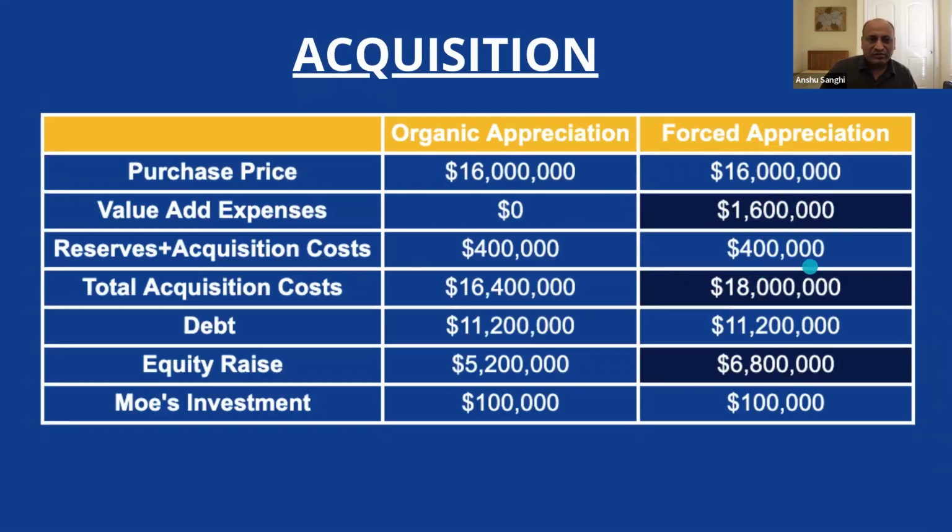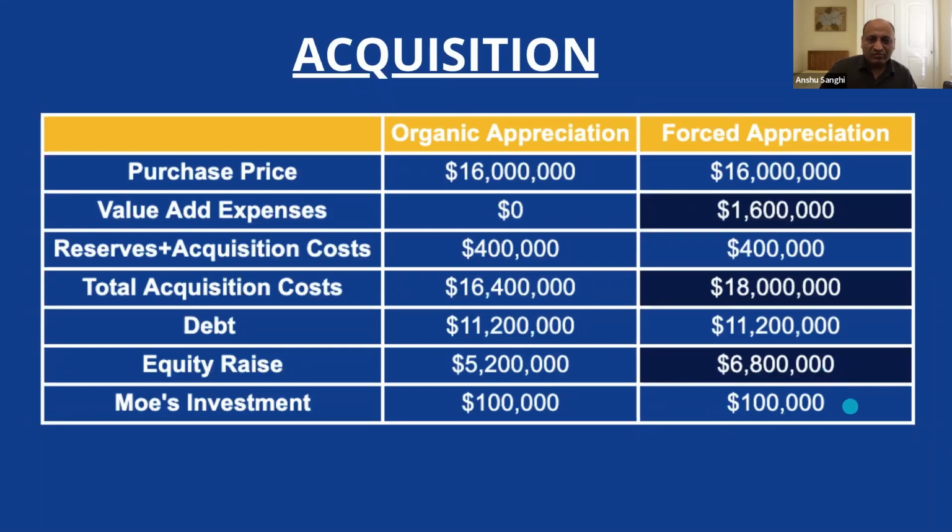Adding 400,000 for reserves, the total acquisition cost is 18 million as compared to the original 16.4 million. Because the bank will only fund based on the property value, which hasn't changed, the rest of the increase has to come from more equity raise.